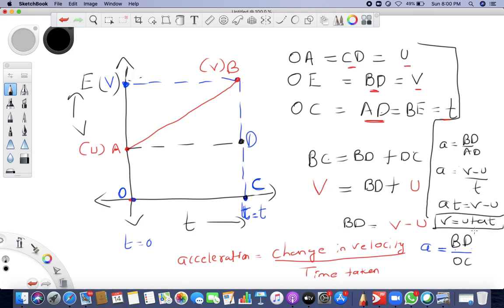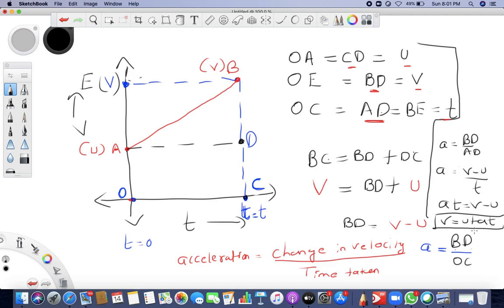Right? I'm not pushing so hard. Please understand this very properly. Let me reframe it one more time for you. What we are talking about is an object traveling from point A to point B. The initial velocity of the object is U and the final velocity is V. If you plot it on a velocity versus time graph, point B velocity is represented by point E and point B time is represented by C, and as you know, O is at the origin.